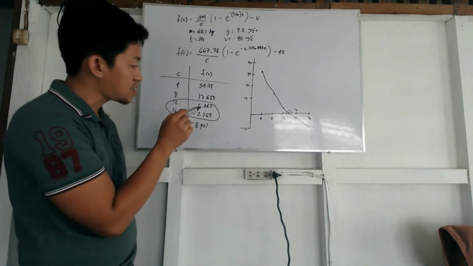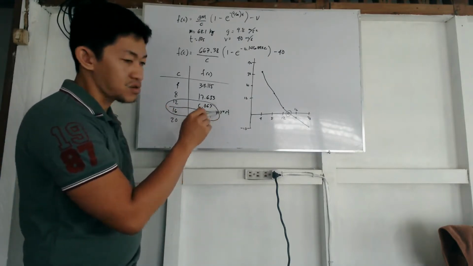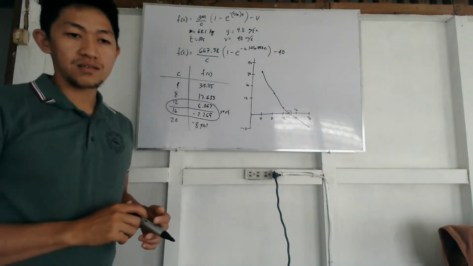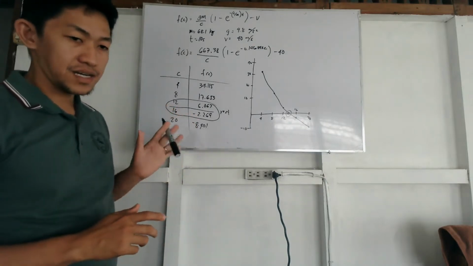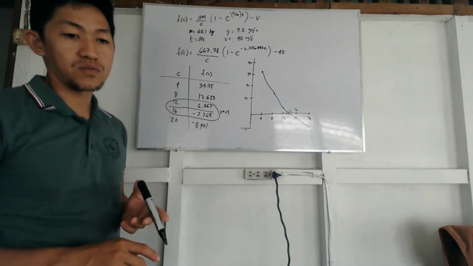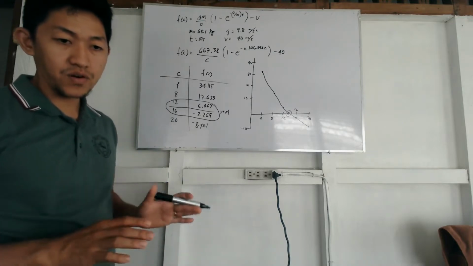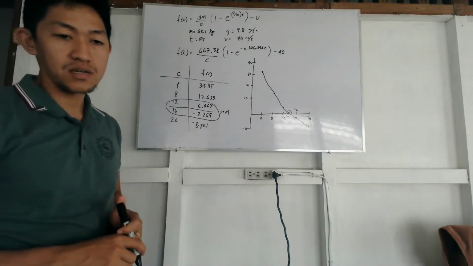Therefore, somewhere around here is the root. You need to take note of this fact because we will use it later on in the bisection method. So that's it for the graphical method.